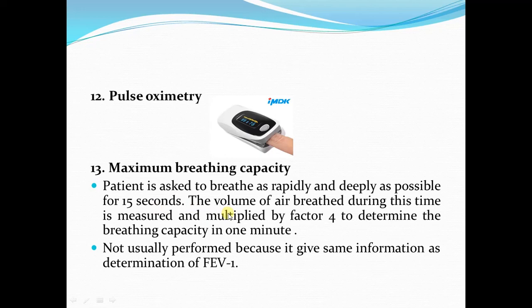The volume of air breathed during this time is measured and multiplied by a factor of 4 to determine the breathing capacity in 1 minute. This test is usually not performed because it gives the same information as we get from determination of FEV1. So FEV1 is more important to perform, and the FEV1 to FVC ratio as well.